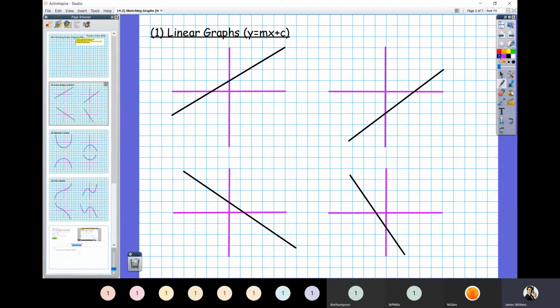So ignoring the squares, graph number one might be y equals 2x plus 1. It's going uphill, so it has a positive m, the 2, and it's crossing the y-axis at, for example, plus 1. If you were just sketching that graph, you would sketch it looking like that.